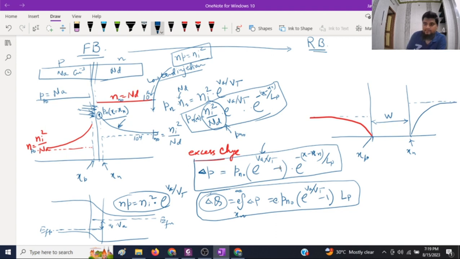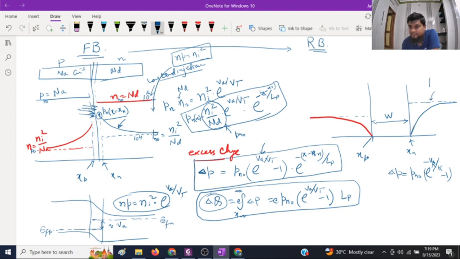Because in this case, this delta P will be equal to Pn0 e to the power minus VR upon kT, minus 1. That's why it will go like this.